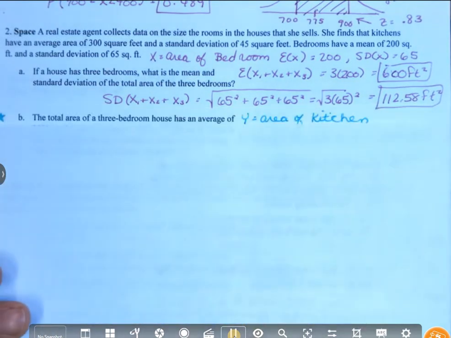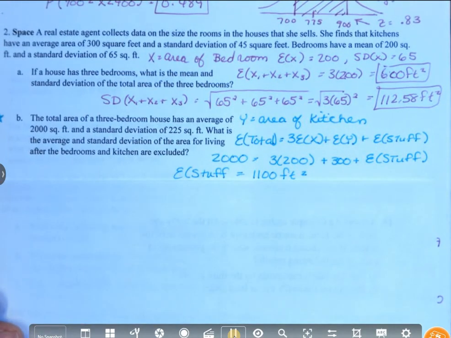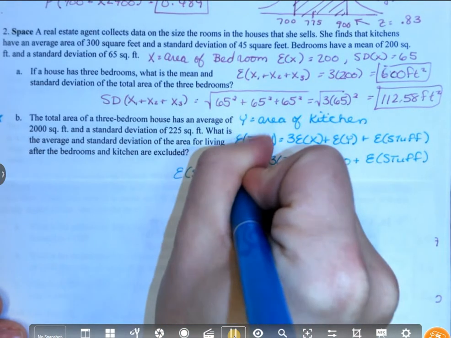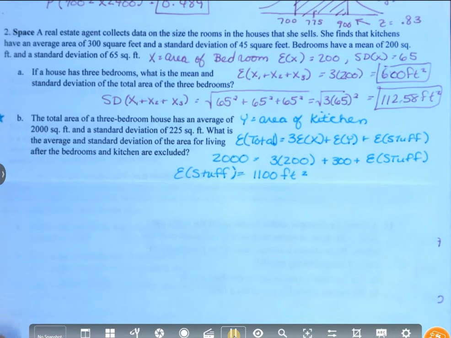Again, I'm hoping that the expected value for B is what you would expect. And the expected value for all of that extra stuff in that house would be 1,100 square feet, or feet squared, depending upon how you want to say it. Are y'all good with that?